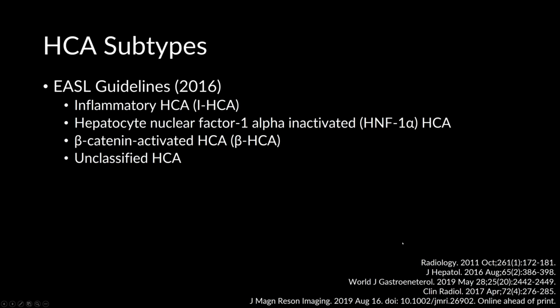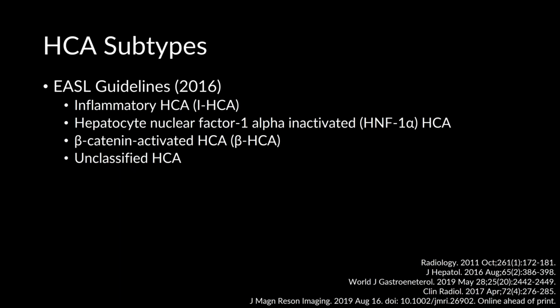So as far as subtypes goes, in 2006, a group of pathologists in Bordeaux discovered the subtypes. And then in 2016, EASL presented guidelines based on these subtypes because not only do they have pathological distinctions, they also have features that change the risk of complication. So the subtypes are clinically significant.